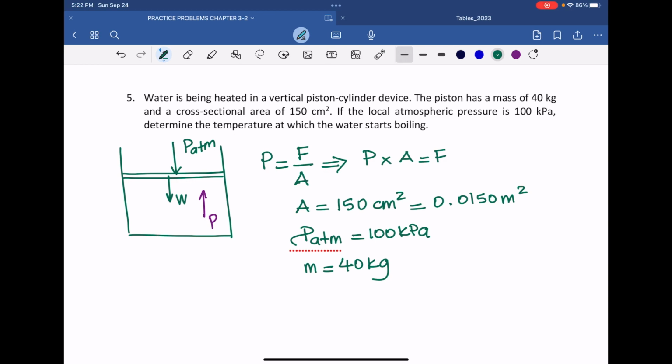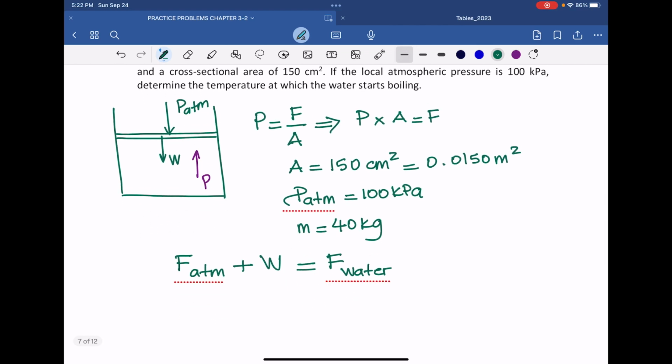All right, now the force balance is basically the force of the air plus the weight. Weight itself is a force, weight of the piston, is balanced by the force of your water. And of course, the force we can write in terms of pressure times area.